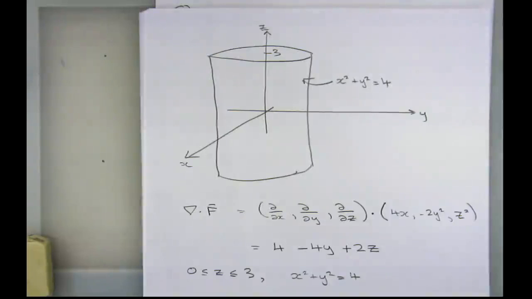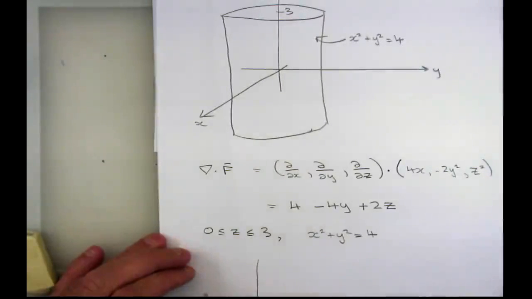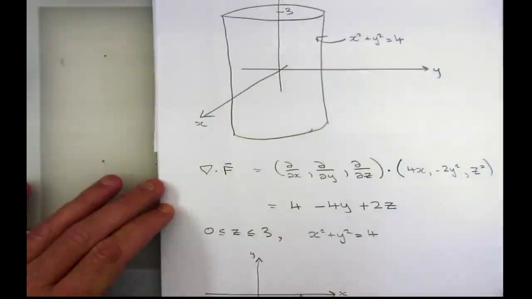Right, and as always, you should draw it. Now, the presence of x squared plus y squared often indicates that we should switch to polar or cylindrical, right? But we don't actually have to in this one.